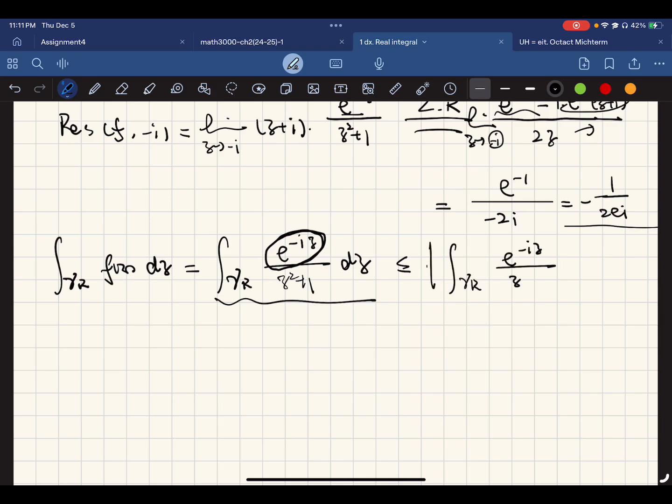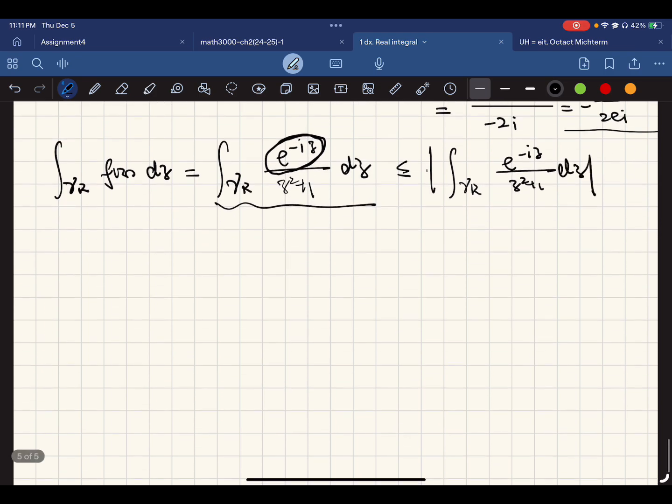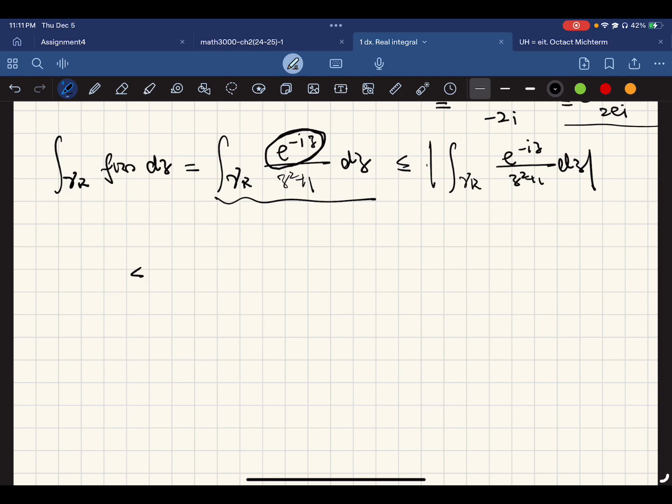No problem, isn't it? And by the triangle inequality, which we mentioned in class, it will be less than or equal to the integral of the absolute value of the integrand, e to the negative iz over z squared plus 1.